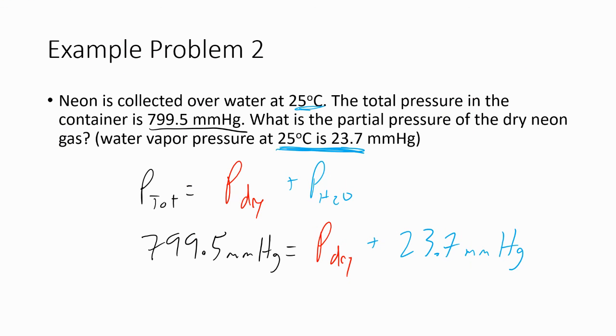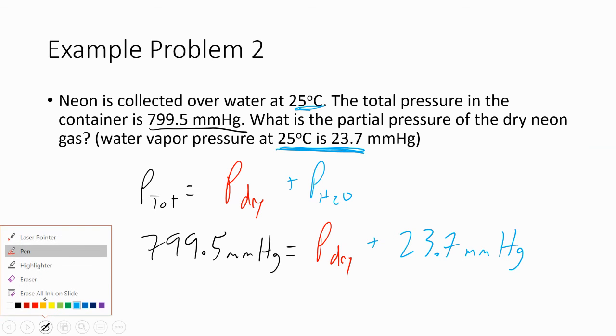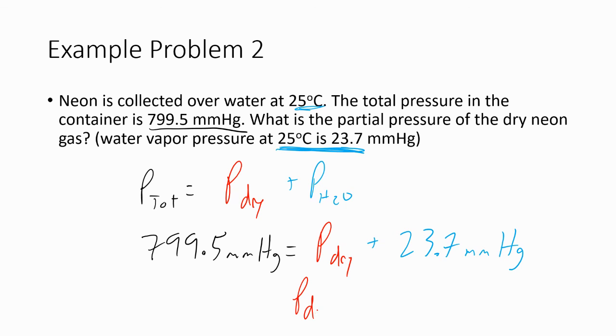And so that's just a matter of subtracting from 799.5 the 23.7, and you get 775.8. So that's how much the partial pressure of that gas is.